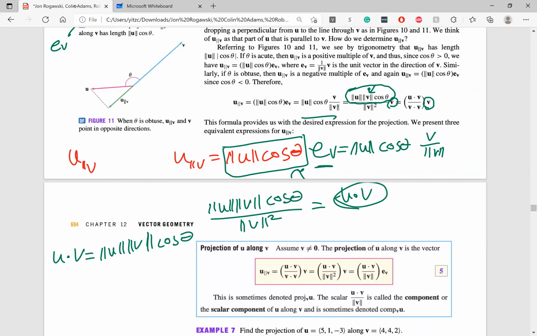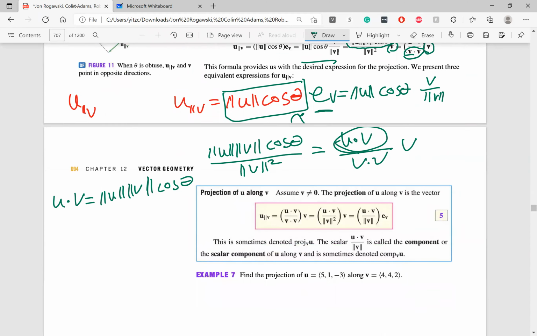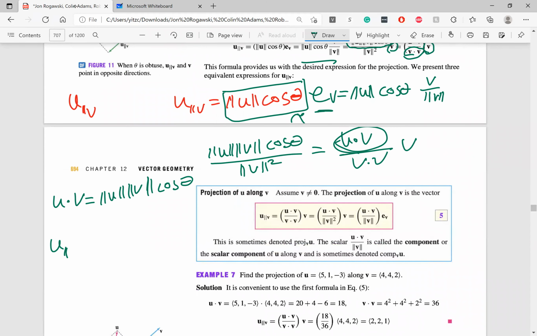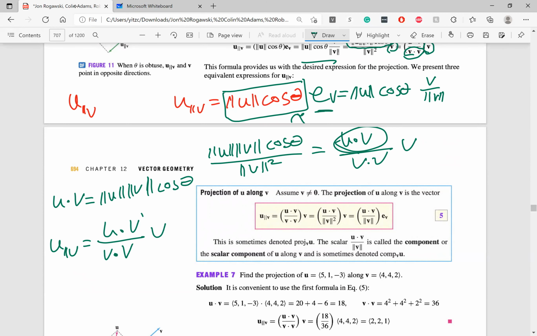And then the bottom part, if I take a magnitude and square it, I get v dot v. So you just put that on the bottom, divided by v dot v, times v. So now we know that our projection in the v direction is very simply u dotted with v over v dotted with v, times v. This is our projection.